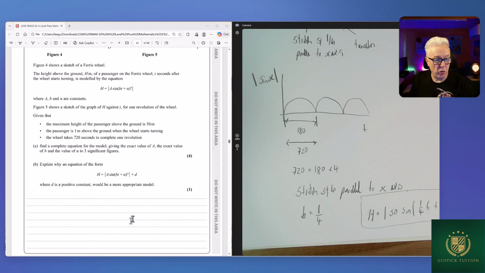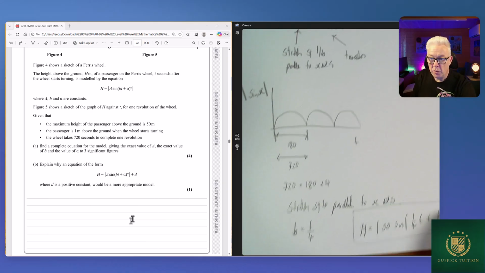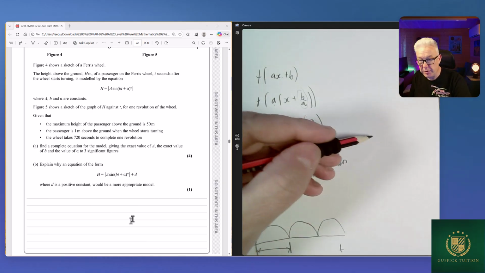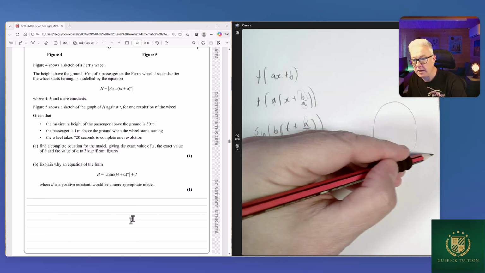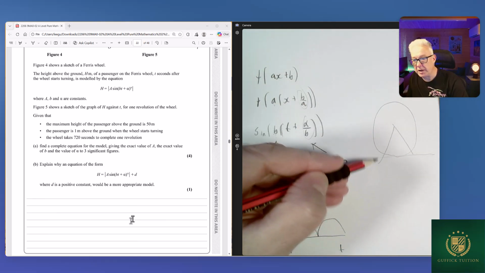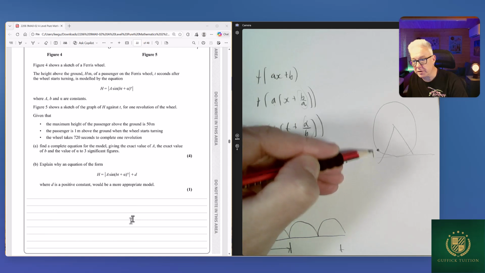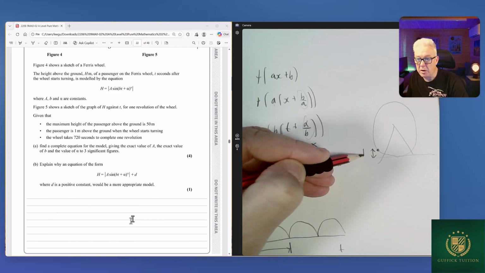Now explain why an equation of the form h is equal to the magnitude of a sine bt plus alpha, plus d is more appropriate. Just 1 mark, okay? Well, the answer to that is that although the Ferris wheel starts off at 1 meter above the ground, okay? So here's our Ferris wheel, and people maybe load onto the Ferris wheel here, at 1 meter.